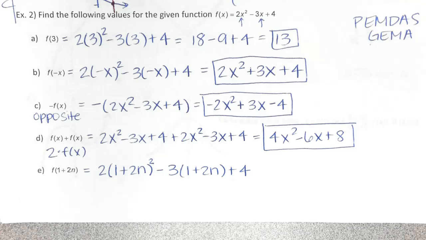It should have an n squared in it. Nope, you didn't square this right. When you square a binomial, you should get 3 terms.